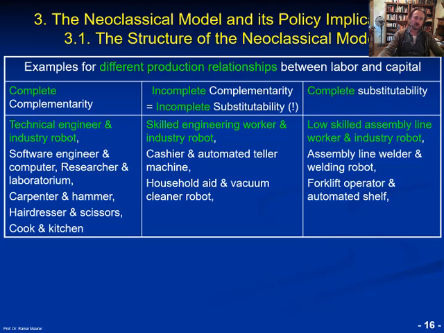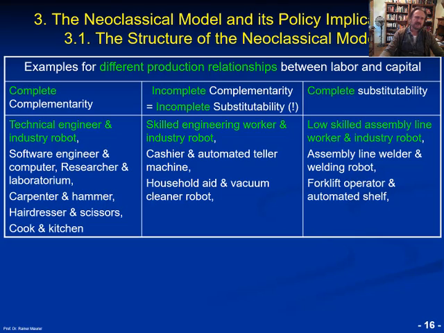An example for incomplete complementarity, which is of course the same as incomplete substitutability, is a skilled engineering worker and an industry robot.